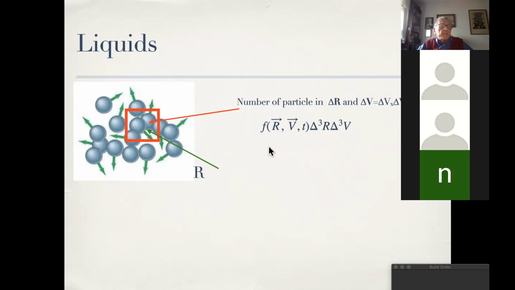The function which sits here is called a one-particle distribution function. And this is a workhorse for constructing a theory that is good for systems like liquids.